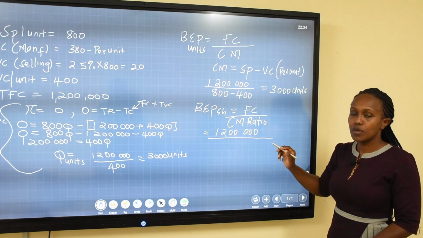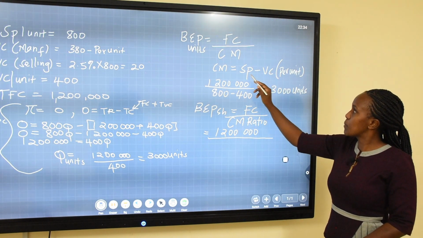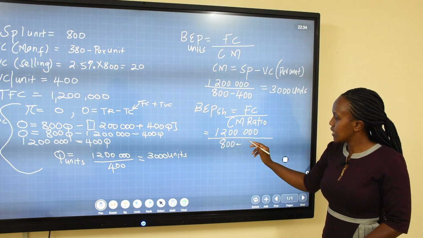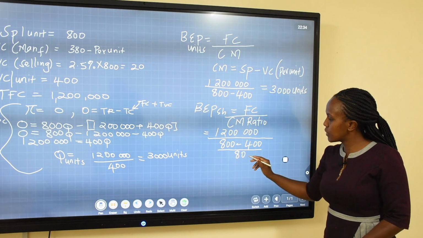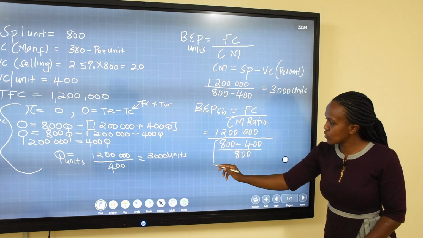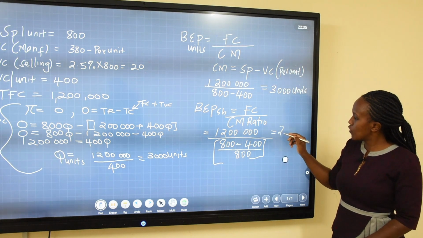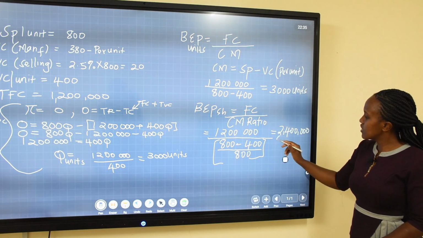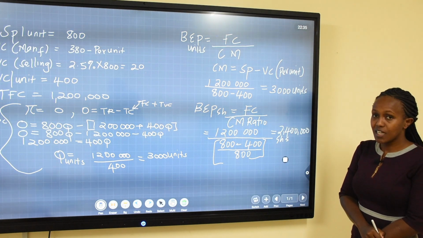The CM ratio, as we have seen in our formula, is selling price minus variable cost, but now over selling price. So we have 800 selling price per unit, variable cost per unit of 400, over 800, which is the selling price. This is what you're calling the contribution margin ratio. This is going to give us an answer of 2.4 million, the answer being in shillings. And that is how you get the break-even point in shillings.